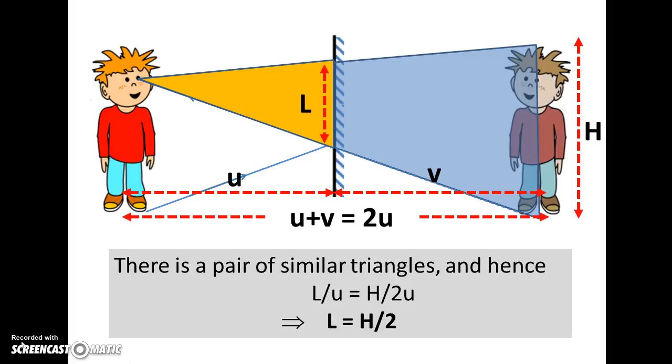We may set up an equation which is L over U equals H over 2U. And in this way, we have found the minimum length of the mirror for the boy to see his whole image behind the mirror. And this length is half of his height.